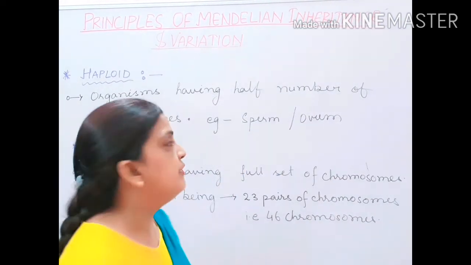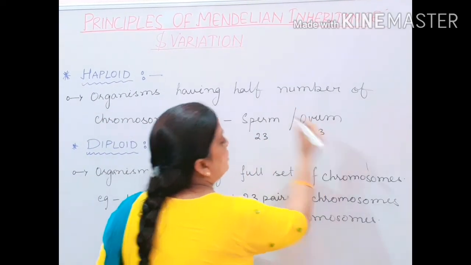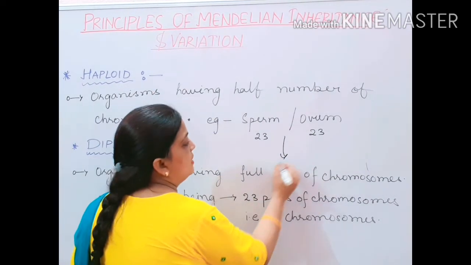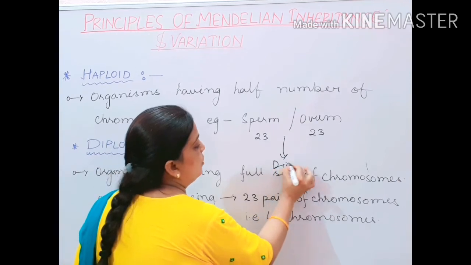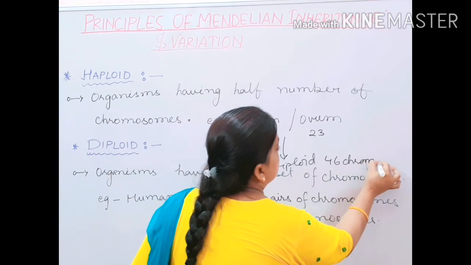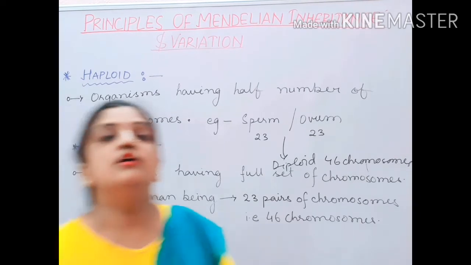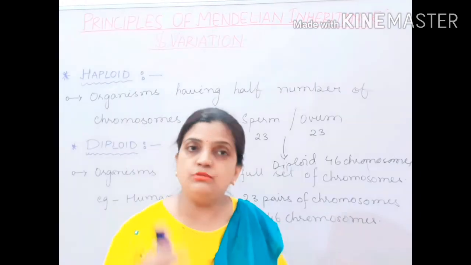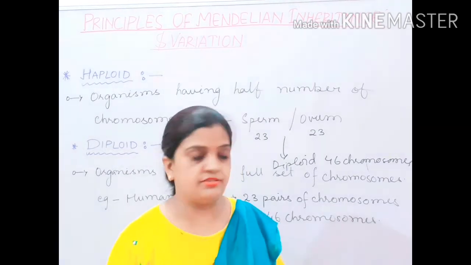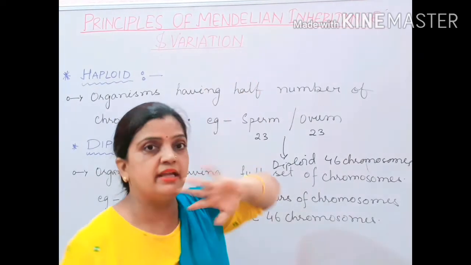What happens is that these 23 chromosomes and these 23 chromosomes, in haploid condition, when they pair up, become diploid. And diploid is what? 46 chromosomes. So human beings have 46 chromosomes, and we will be talking about how these chromosomes deal with different characters and definitions.